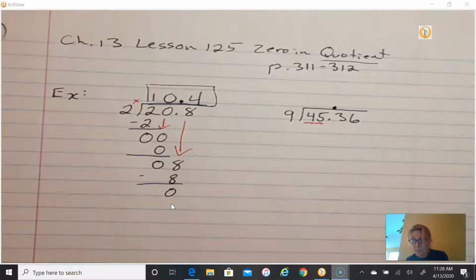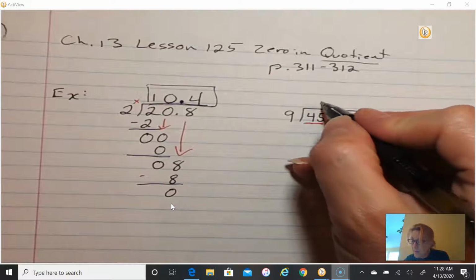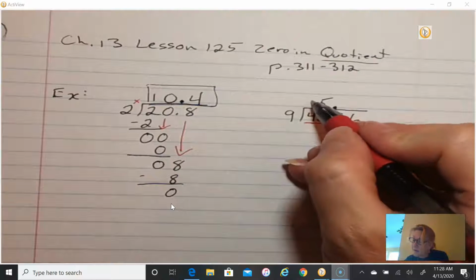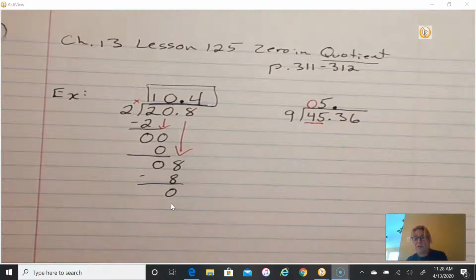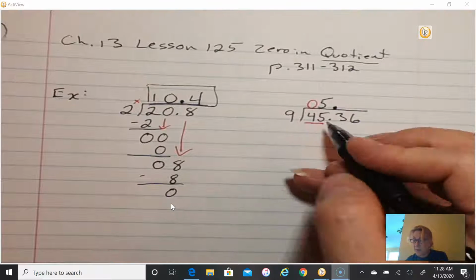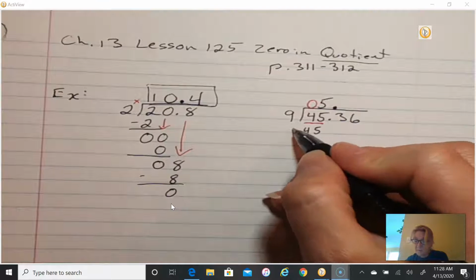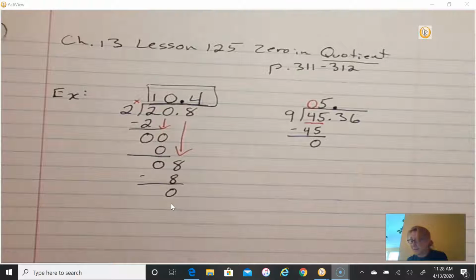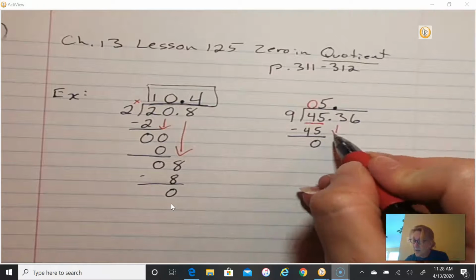Yes. 9 can go into 45 5 times. I'm putting the 5 over the 5. If you want to put in a little placeholder 0, so you don't get confused, by all means do so. 9 goes into 45 5 times. 5 times 9 is 45. We're going to subtract, you get 0, but we're not done yet. You got to bring down that 3.